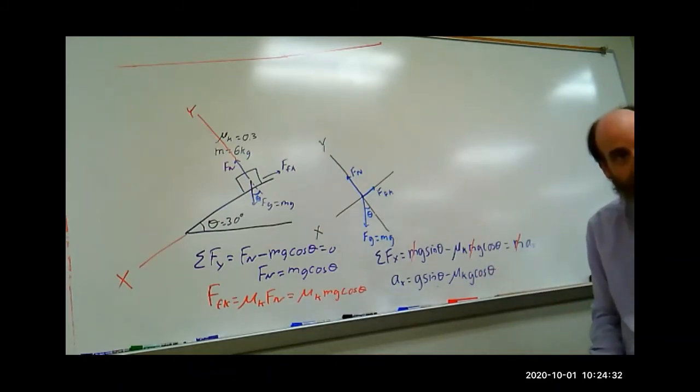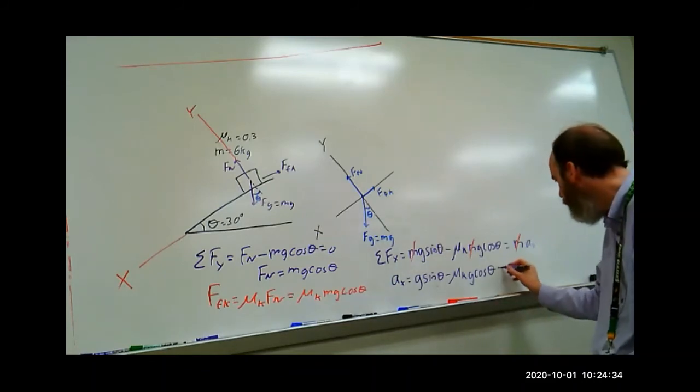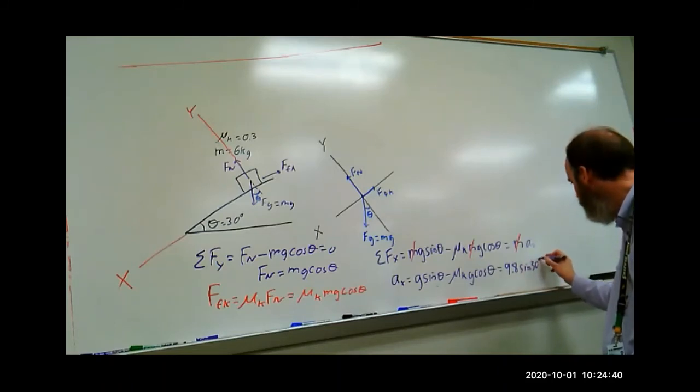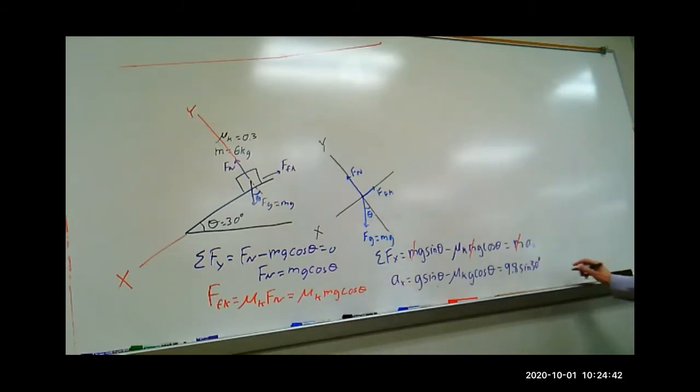And then we put in our numbers. We're going to have 9.8 sine 30 degrees minus 0.3 times 9.8 cos 30 degrees.